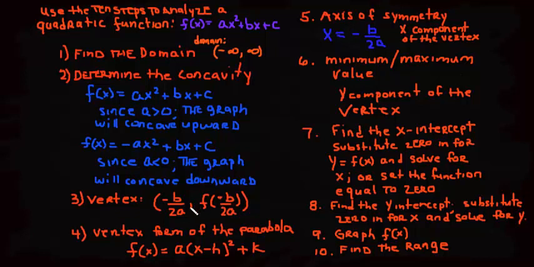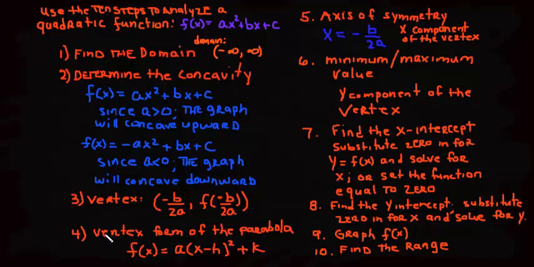And so you'll have your vertex, which has an x component, y component. And we'll later talk about, the x component of the vertex will be its axis of symmetry. And of course, the y component, which is the output of the vertex here, will be the minimum and/or maximum value depending upon its concavity.